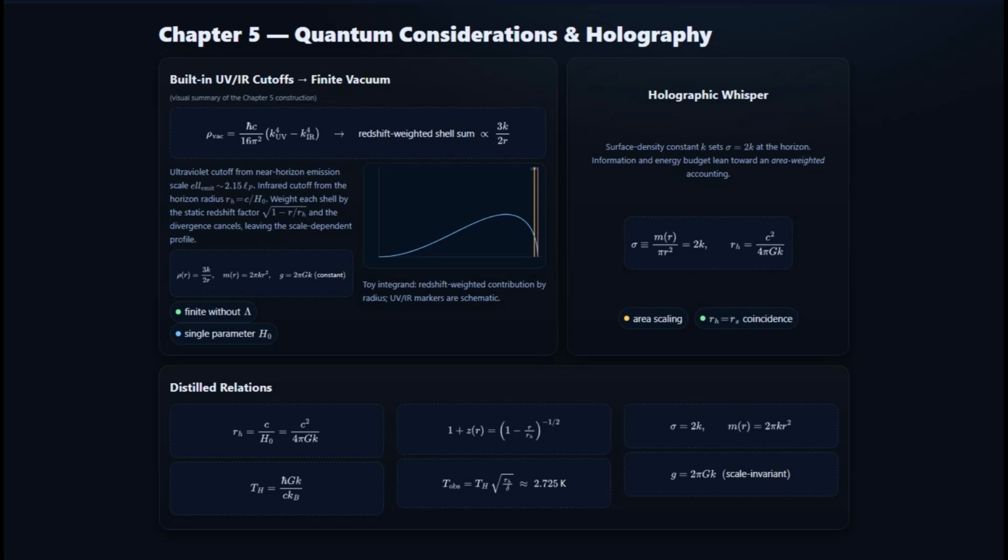But in short, the surface density of our observable universe is what creates this 1 over R proportionality, or the density distribution of 3K divided by 2R. So the holographic principle is true because this is for the observable universe. Anyways, that's another interesting tidbit I wanted to add. So next up, chapter 6.